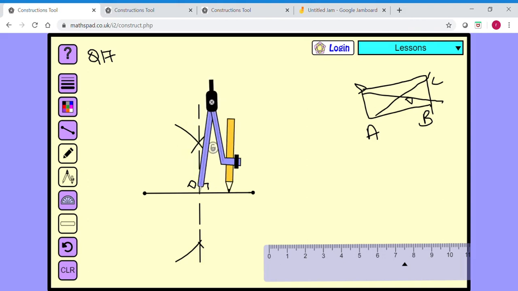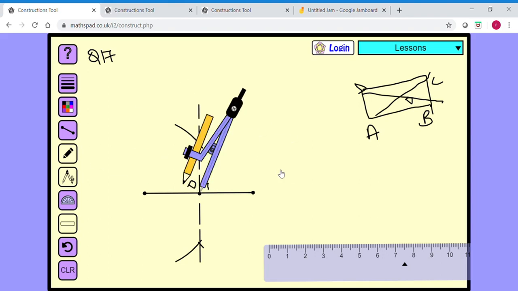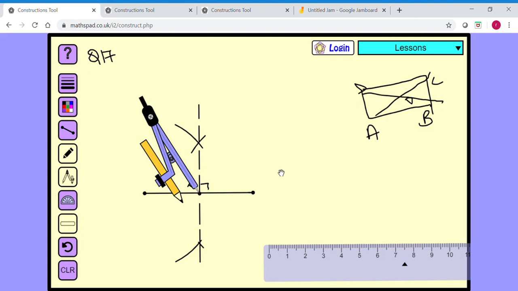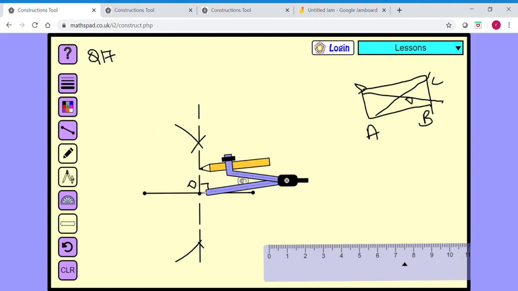So I will have to bisect this 90 degree that I have. Now to bisect I have to draw a semicircle. So let me start drawing a semicircle. Perfect.